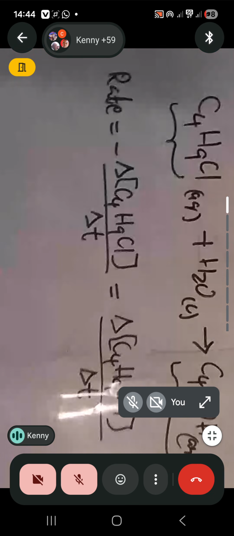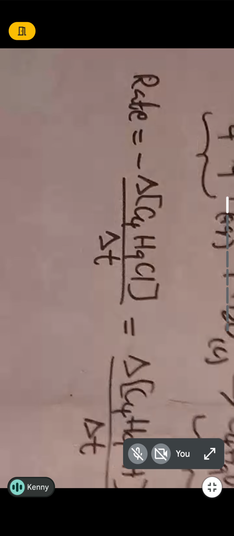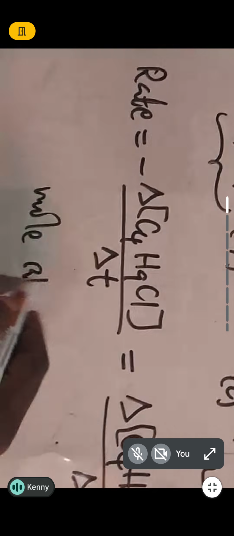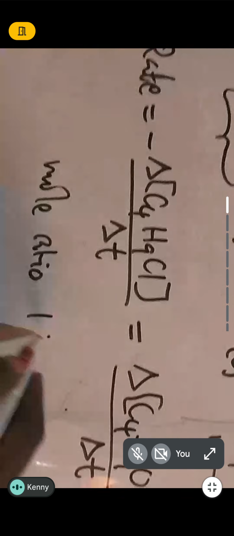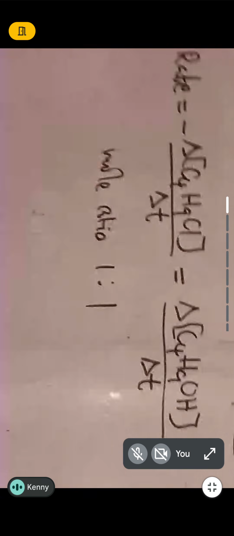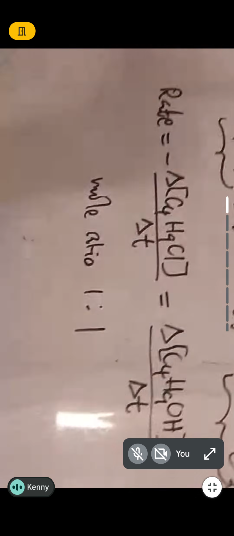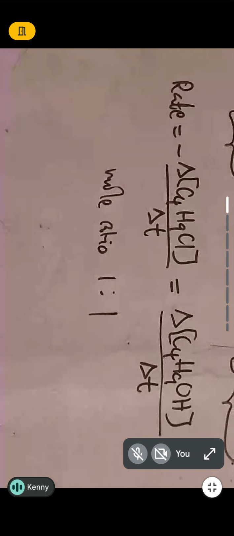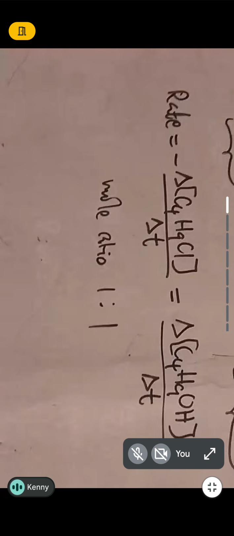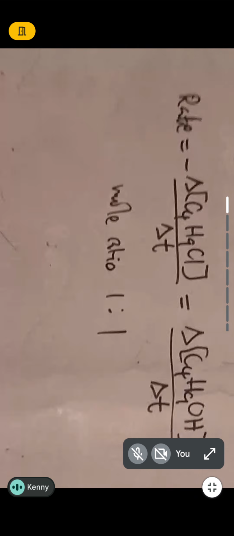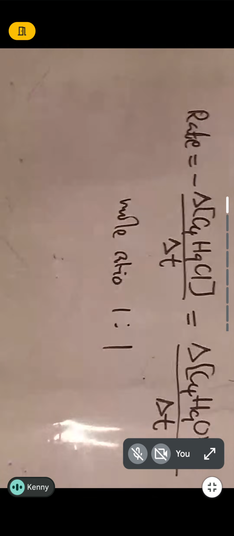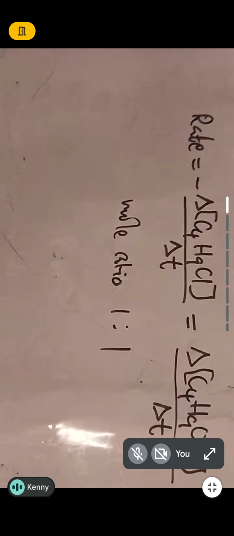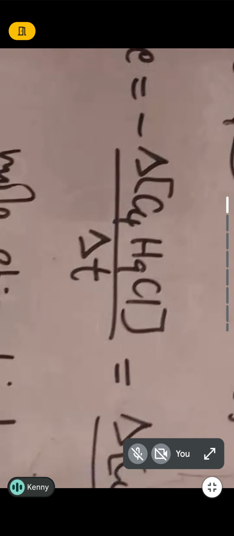Because the mole ratio is 1 to 1. If the mole ratio is not 1 to 1, then we use the equation that I had given you earlier, with 1 over a, negative 1 over a, negative 1 over b. You consider the coefficients.